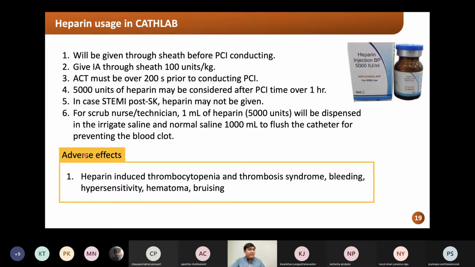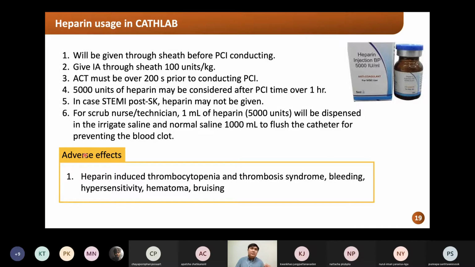So when the doctor is doing the PCI over 1 hour, but anyway it will finish soon, like in 15 minutes or something, the doctor might not give heparin again, even if it exceeds 1 hour of PCI time, because when we have to stop the bleeding from the puncture site, it can cause bleeding and eventually hematoma in some patients.